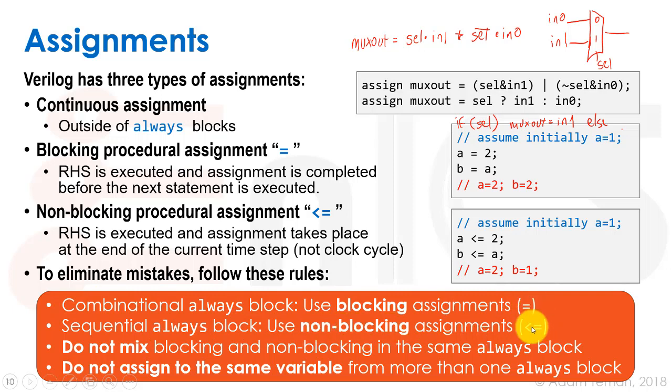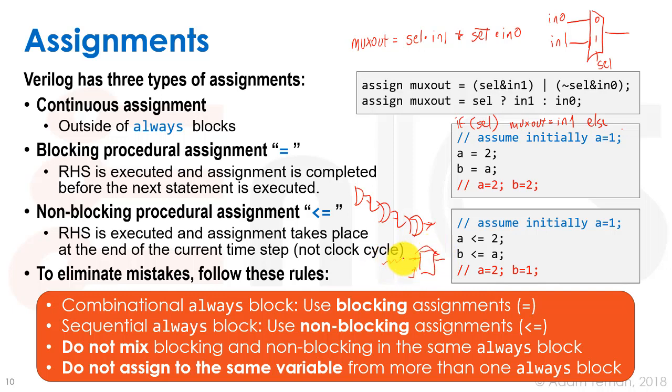Just to understand the logic behind that, the equals is showing a combinational type of tree. So we have an AND gate. We may have something like an AND gate followed by an OR gate followed by an XOR gate or something like that. So this is happening before this is happening before this. On the other hand, inside our sequential block, we have a flip-flop, right? When the clock rises, whatever was here goes over here.